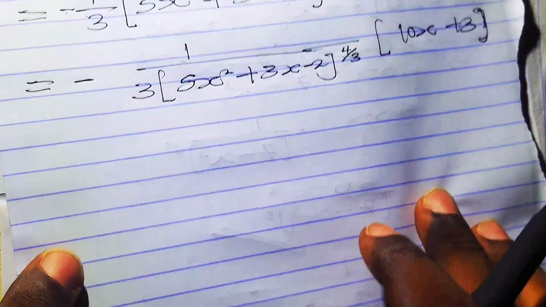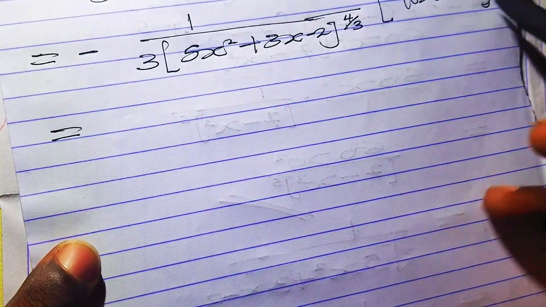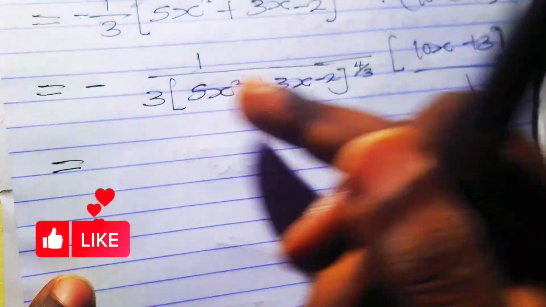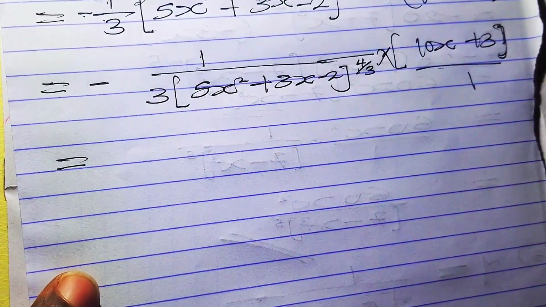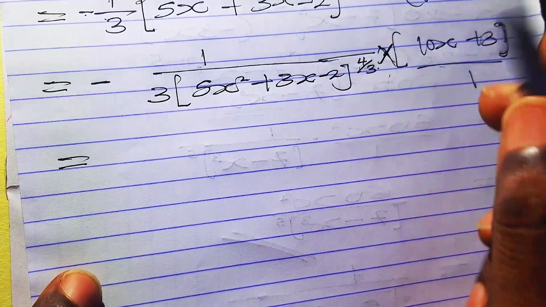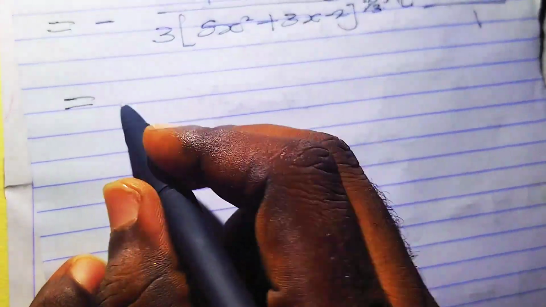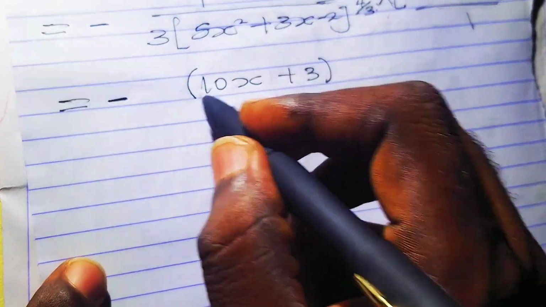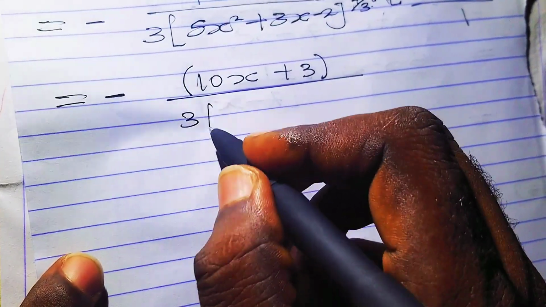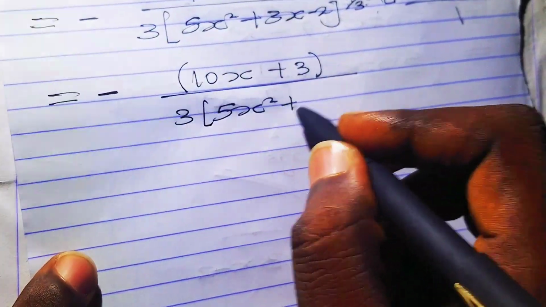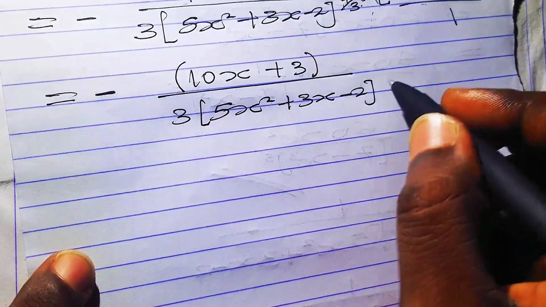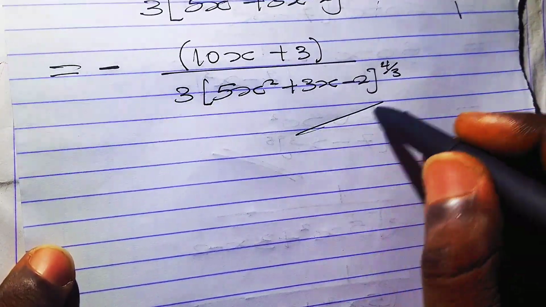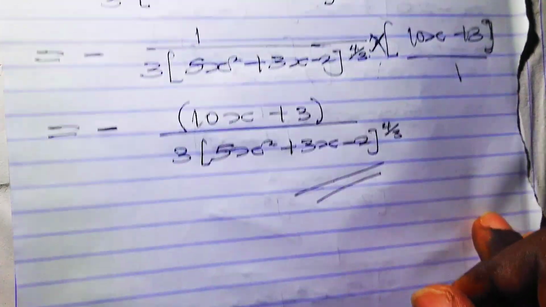The numerator can multiply the numerator, and the denominator can multiply the denominator. In this case, we have negative 10x plus 3 in the bracket, everything over 3 in the bracket, 5x squared plus 3x minus 2 raised to the power of 4 over 3. So basically, this is going to be our answer to that question.